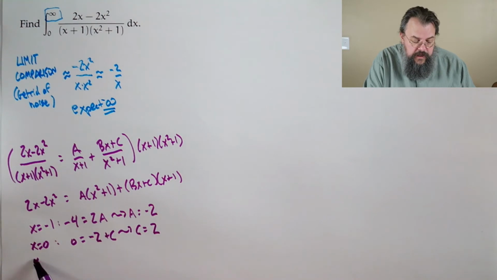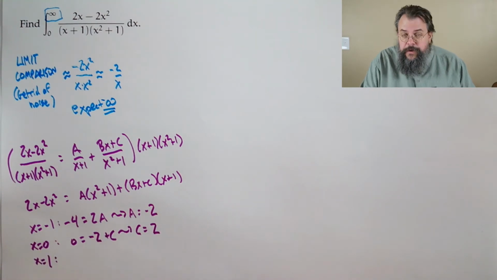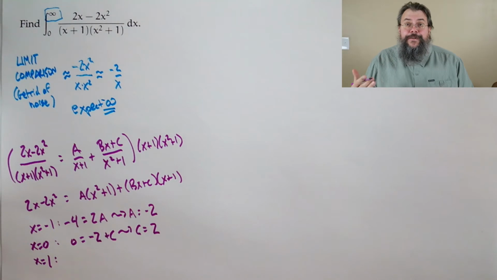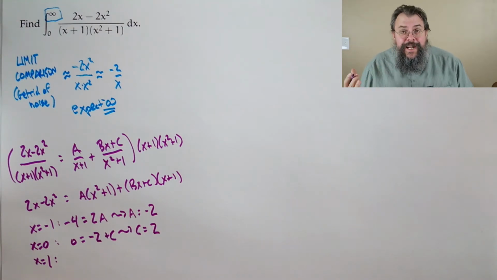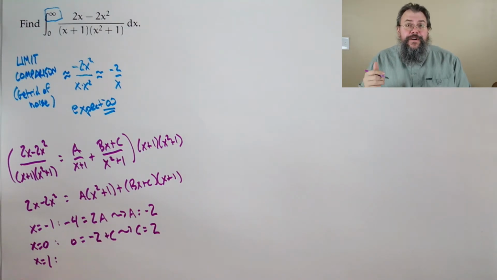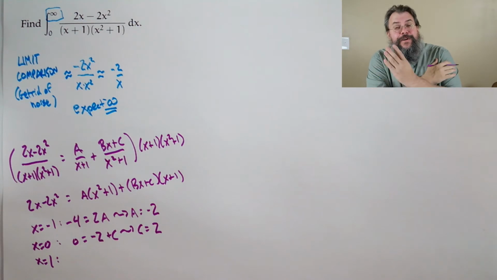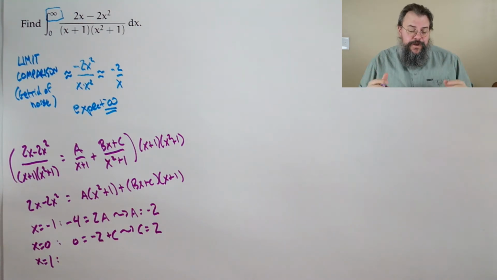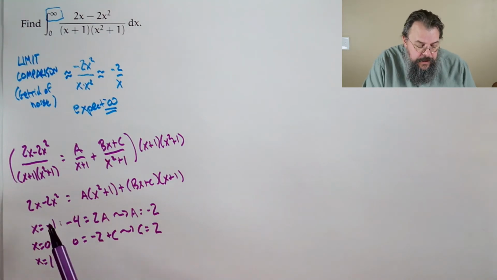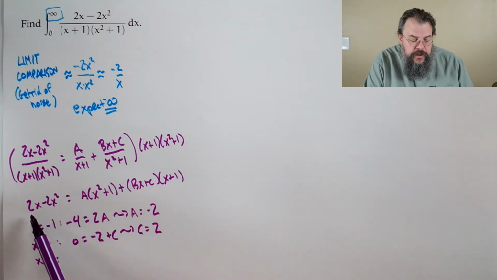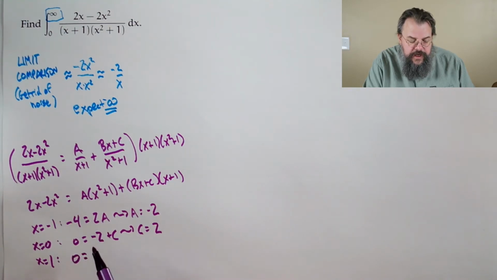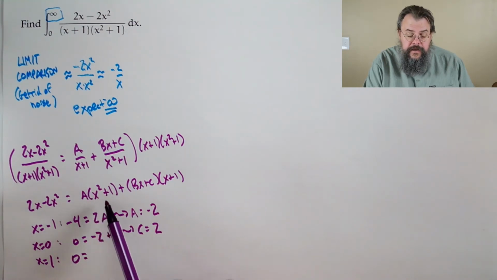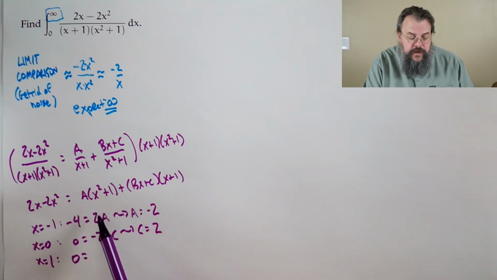And finally, plug in one more. 1 is a pretty good choice. It doesn't have to be 1. You can choose any number you want. But remember, we love ourselves, so if you're going to choose a number, make sure you choose a number which is good to work with. So when we plug in 1, 2 minus 2 is 0. Nice. Great choice. 2a, right, because 1 squared plus 1 is 2. 2a is negative 4.